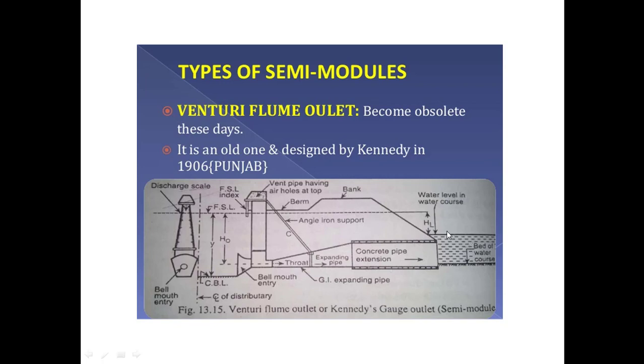This is the total working head, HL, through which the water moves in this whole section, entering the water from the distributary to the water course. Also, a vent pipe is provided in order to remove the entrapped air from this pipe, so that the water can easily move in this expanding pipe.